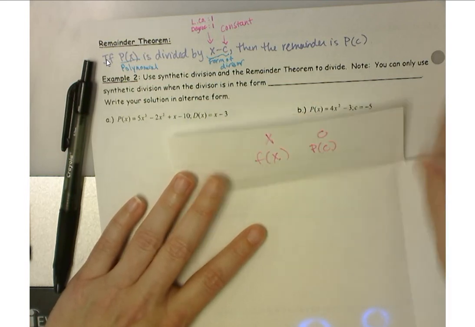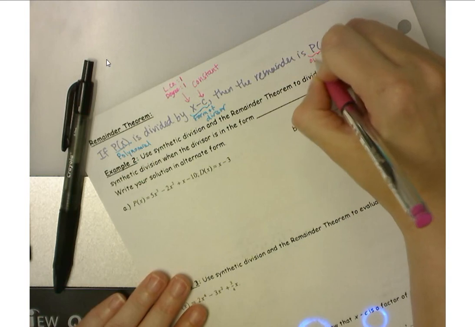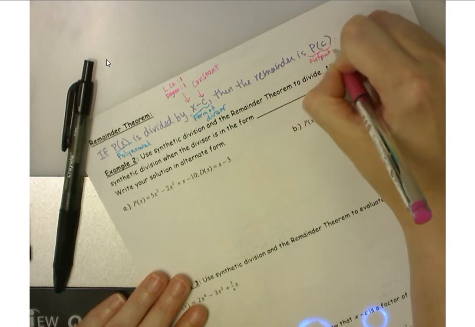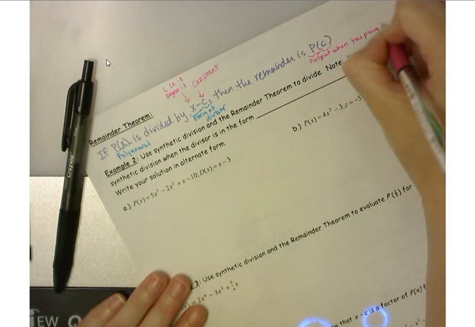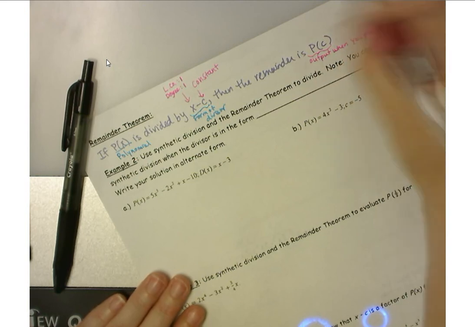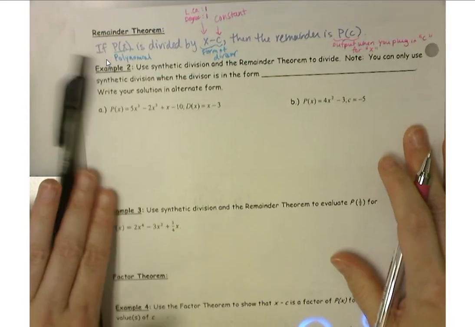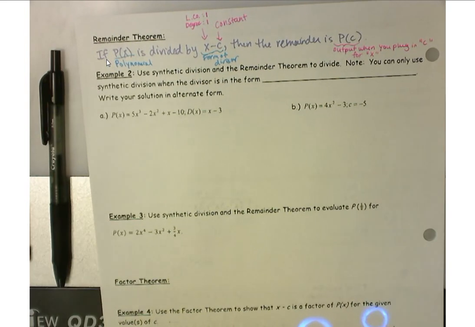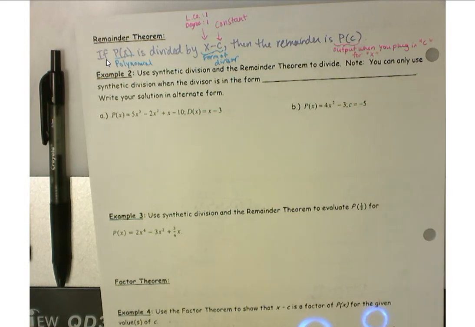C. Okay, so this is just going to be your output when you plug in c for x. Okay, that's all it means. So if you wanted to find the remainder, whatever your c value was, you could plug that into P of x, and that's what it would be.